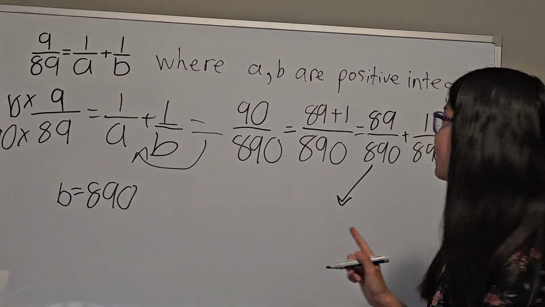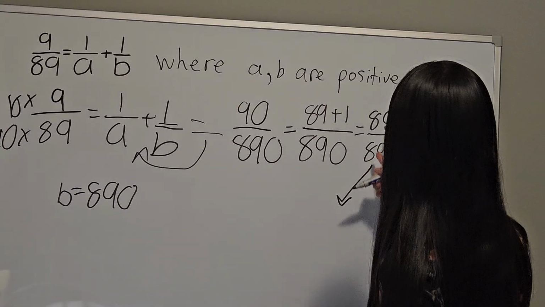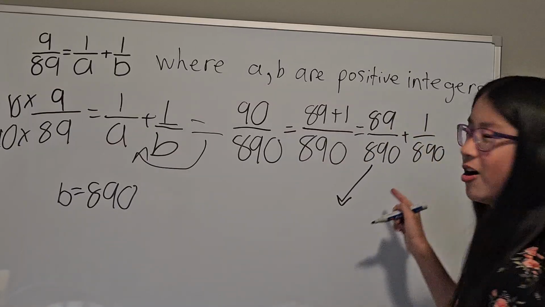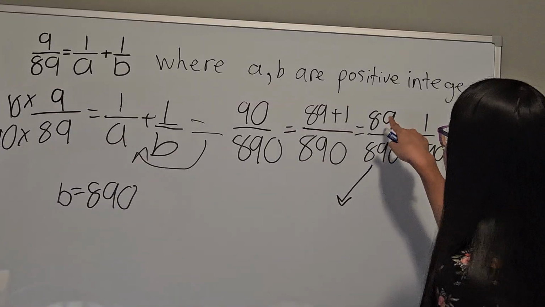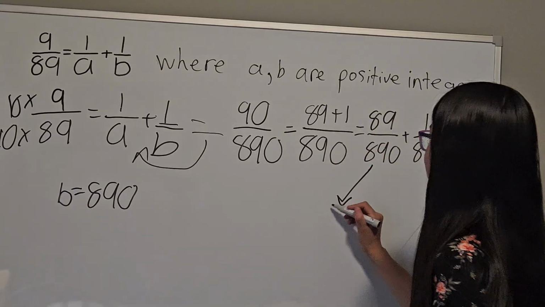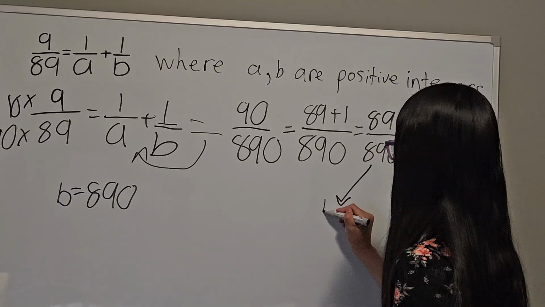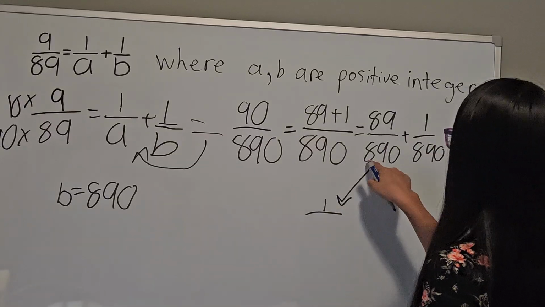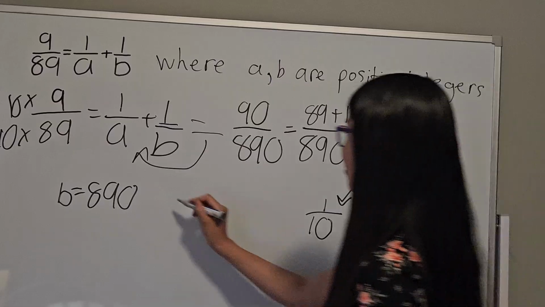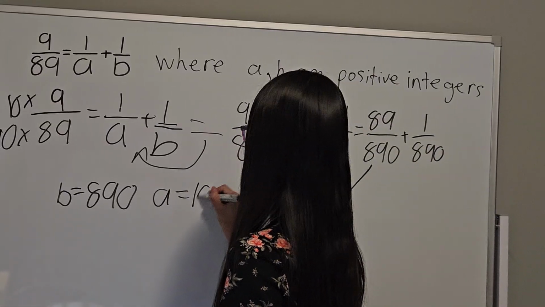So we need to find a number that you can divide from the top and the bottom so that the top is 1. So we could divide the top and the bottom by 89, which will turn the top into 1. So 1 over 890 divided by 89 equals 10. So A would equal 10.